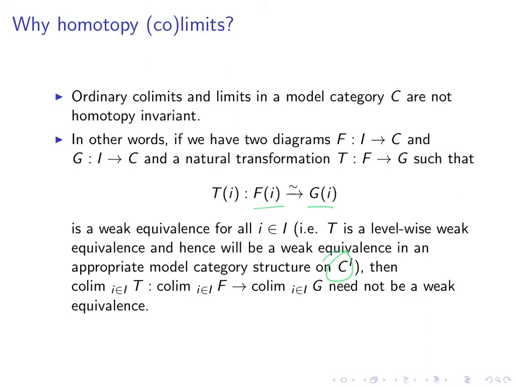Then the map induced by taking the colimit of t, from the colimit of f to the colimit of g, might not be a weak equivalence.